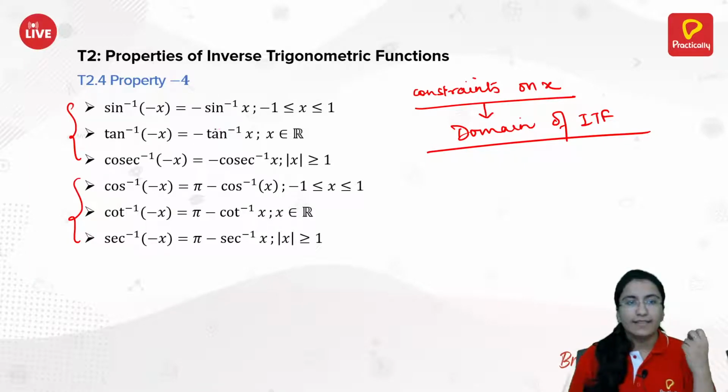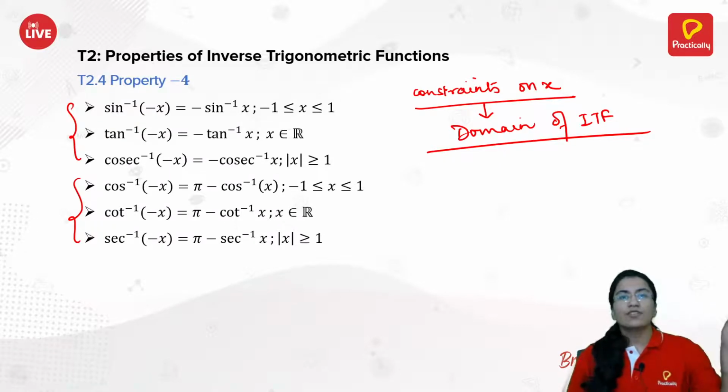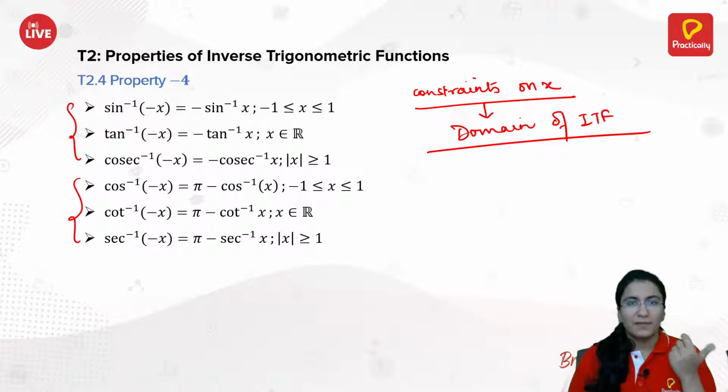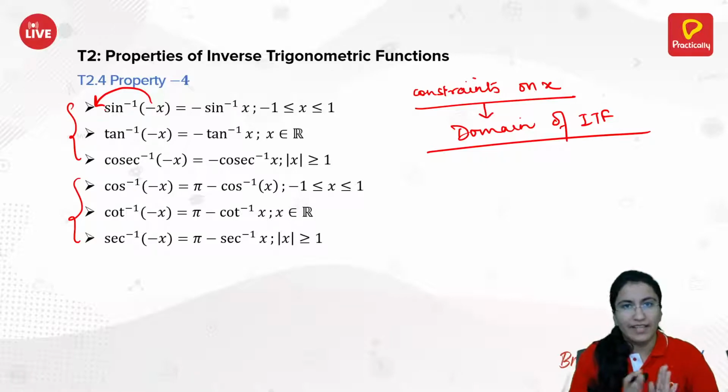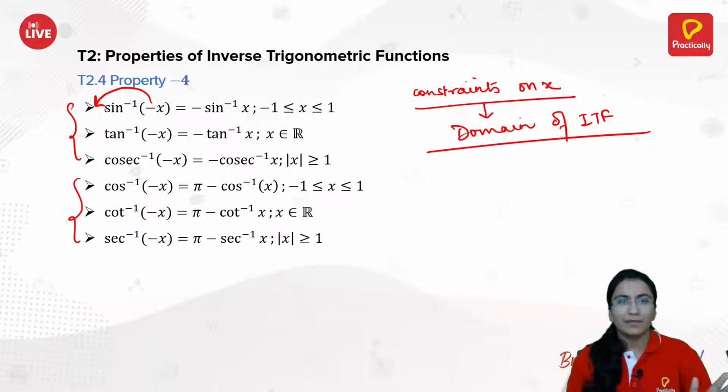What is basically done for sine, tan and cosecant is that the minus sign jumps out of the function directly. You can remember this.